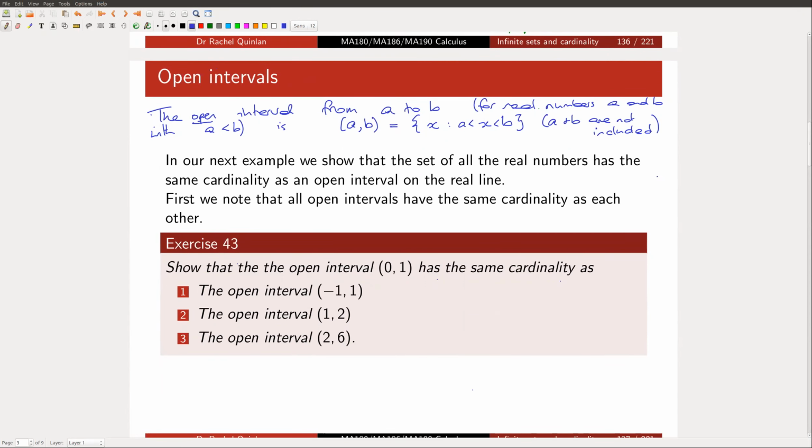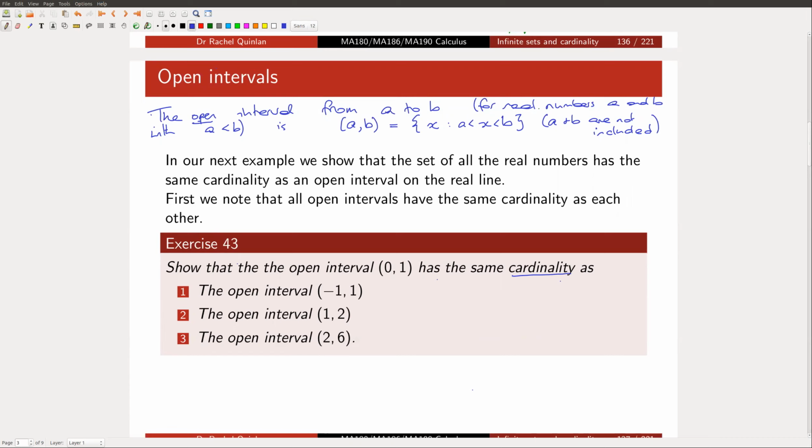And there's a little exercise here, which I think is probably worth doing, just to persuade yourself of this fact. I won't do it all here, but maybe we'll have a look at one part of it. So the assertion here is to show that the open interval 0, 1 has the same cardinality as, for instance, the open interval from -1 to 1, or the open interval from 1 to 2, or the open interval from 2 to 6, or the open interval from 10,000 to 10 million, or whatever open interval you might like to think about on the real number line, as long as it's not empty, so as long as its left and right endpoints are different from each other.